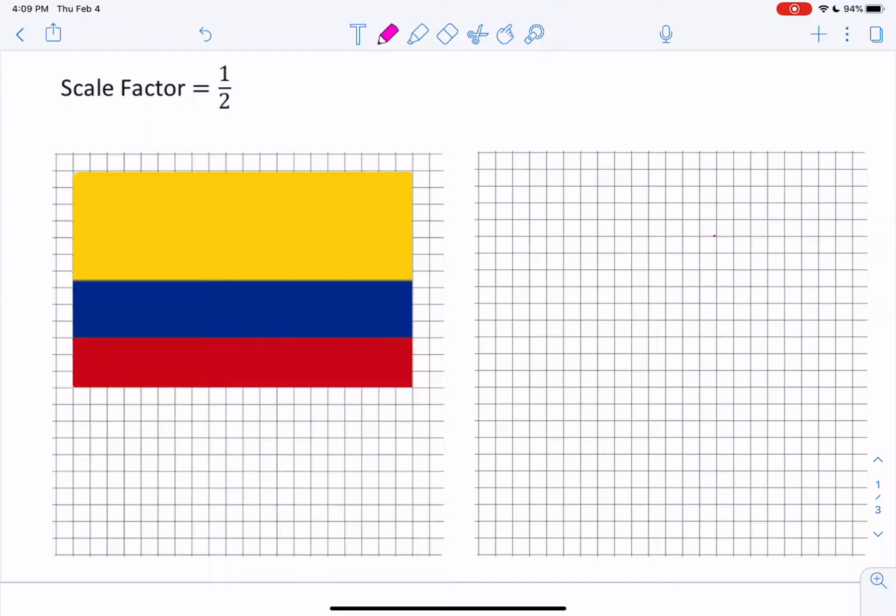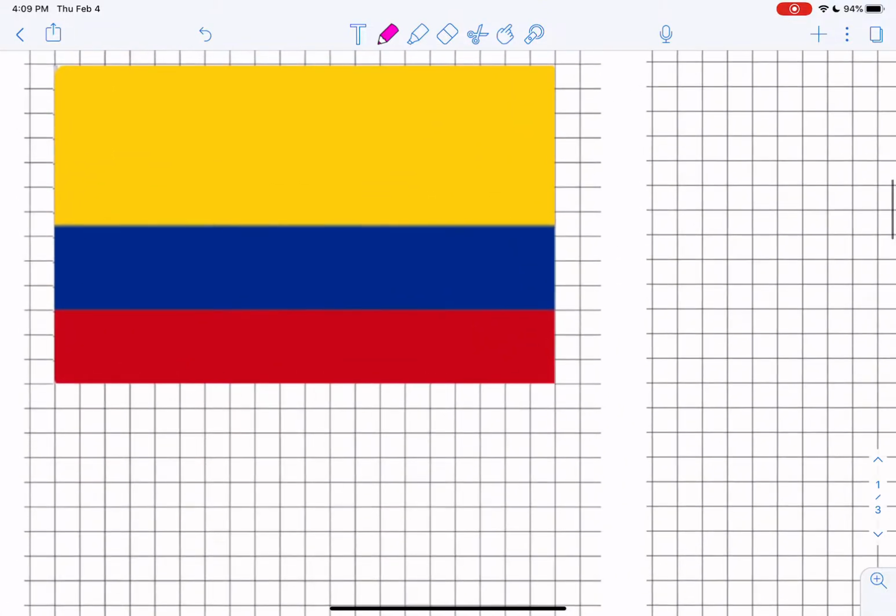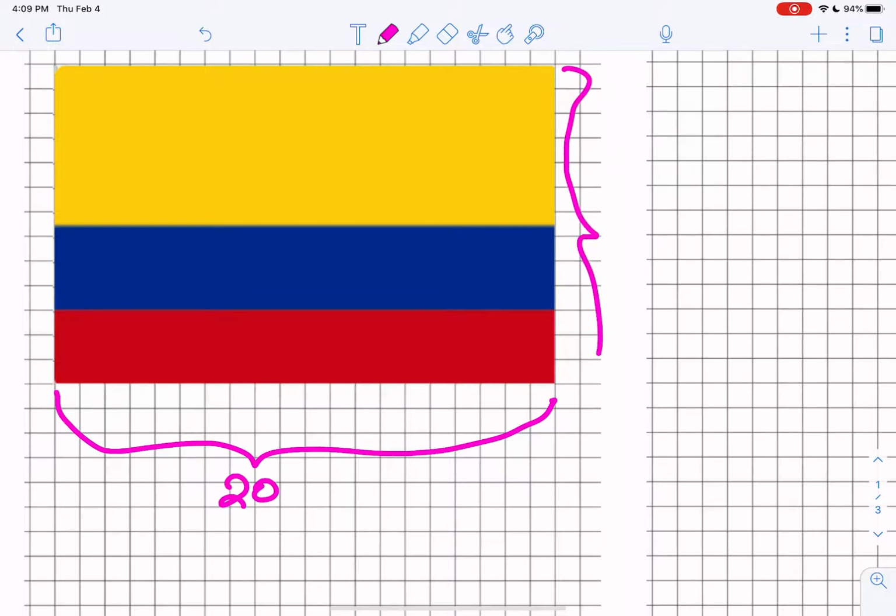So we have 1/2. Once again, we have to count out our sides. Now, from here to here, it's 20 boxes, okay? The height this time is 1, 2, 3, 4, 5, 6, 7, 8, 9, 10, 11, 12, 13.